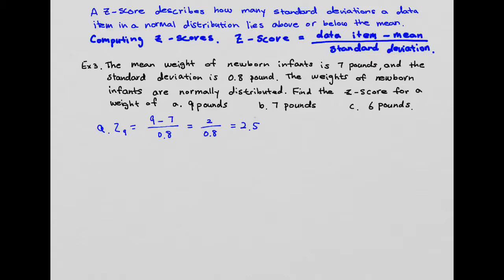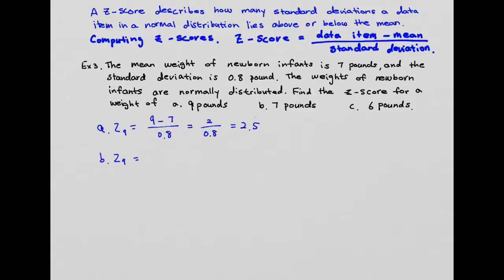So what does this mean? This means a 9-pound infant is going to be a little chubby, with a weight that is 2.5 standard deviations above the mean. What about 7 pounds?